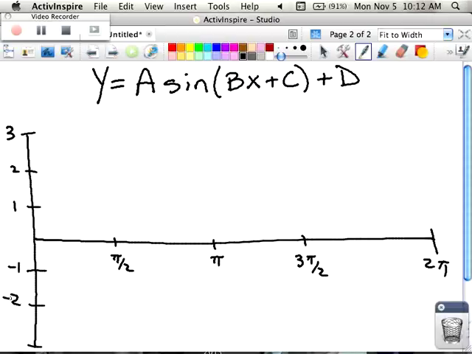And I'm going to go with -1, -2, and -3 for the y-axis. And to start out with, I'm going to draw the normal sine graph, and then I'm going to transform it, and I want you to try and figure out what each of the letters are doing.